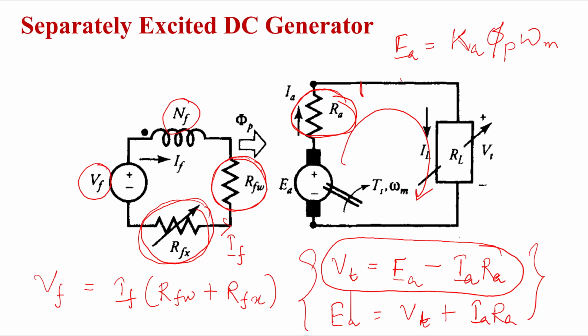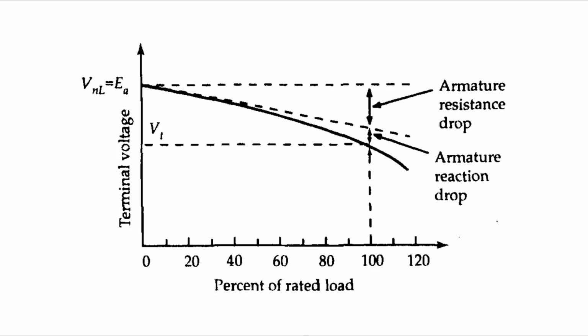Load voltage is Vt and load current is Ia. So y equal to mx plus c. Very good. It will have a negative slope, right? Can you draw it? I hope everybody can do it, so no need to discuss further.